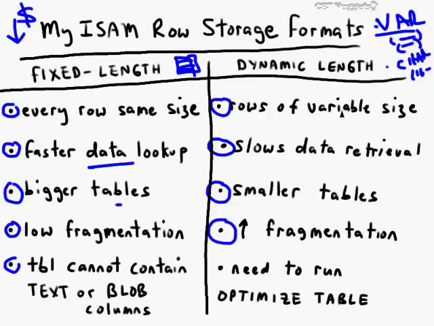However, the other side of that coin is that variable length fields contribute to heavy fragmentation. So if you're not on top of your maintenance schedule and running optimize table or other third-party utilities to address that fragmentation, you're not only dealing with slow data retrieval out of the box, but you're compounding that once the fragmentation level starts to take off. Please be aware of that.